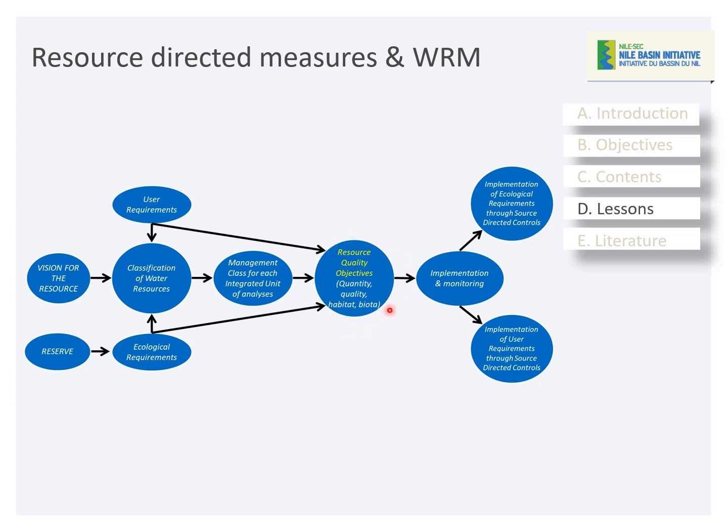The resource quality objectives then become the targets, and those objectives that are established on reach scale, regional scale, and even on a basin scale to achieve the management class for each of those integrated units of analyses, those spatial areas.